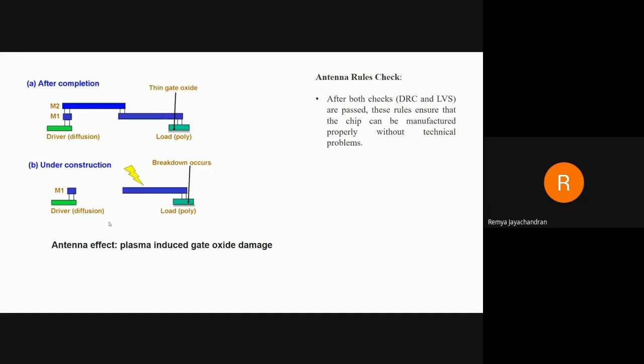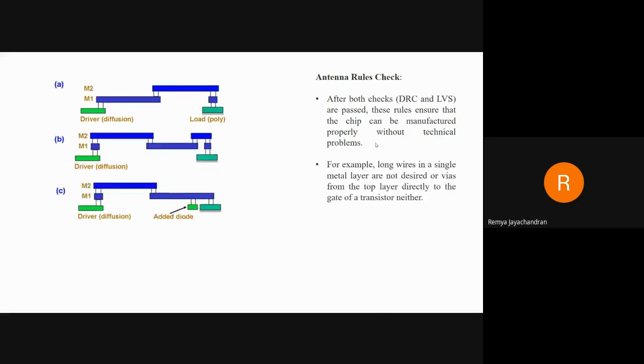So we have to avoid that. While doing the layout, you have to consider that long wires in a single metal layer are not desired. So this type of topology is desired for the metal connections from one point to another point.